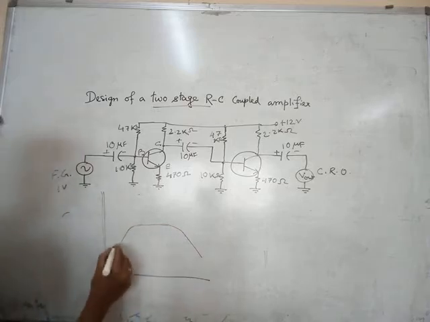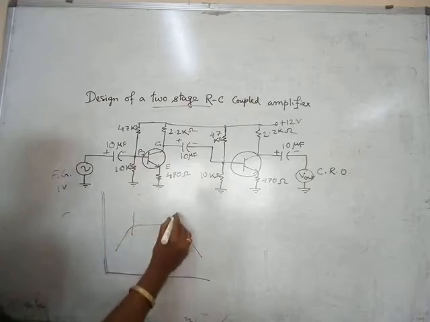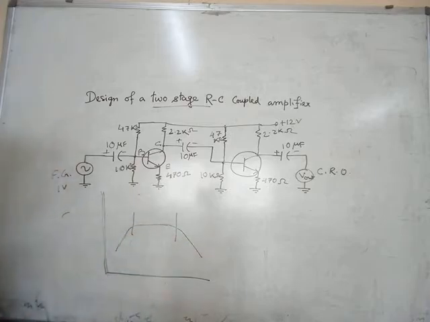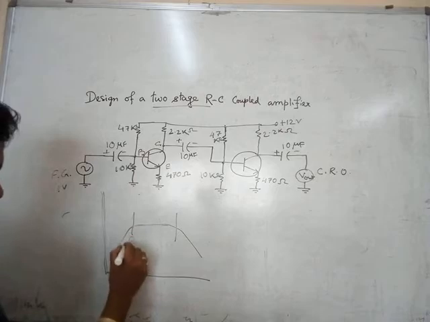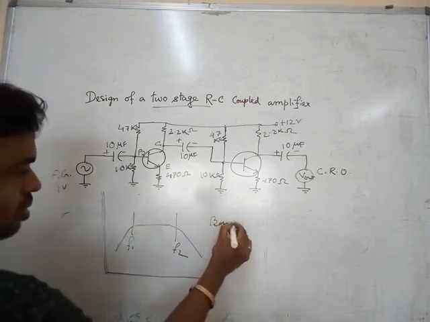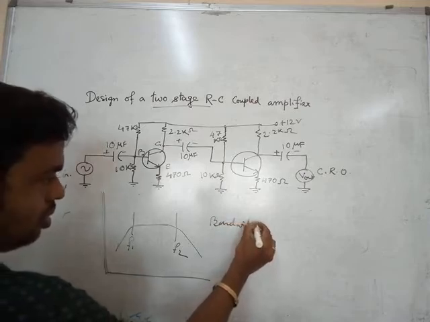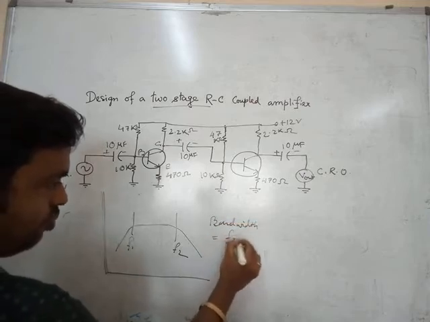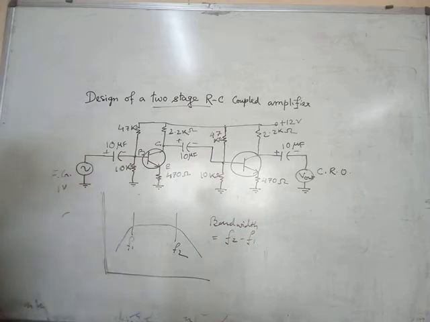Should be like this. And this is the bandwidth. We have to measure the bandwidth. Suppose this is F1 and this is F2, then the bandwidth will be F2 minus F1. I think this is clear.